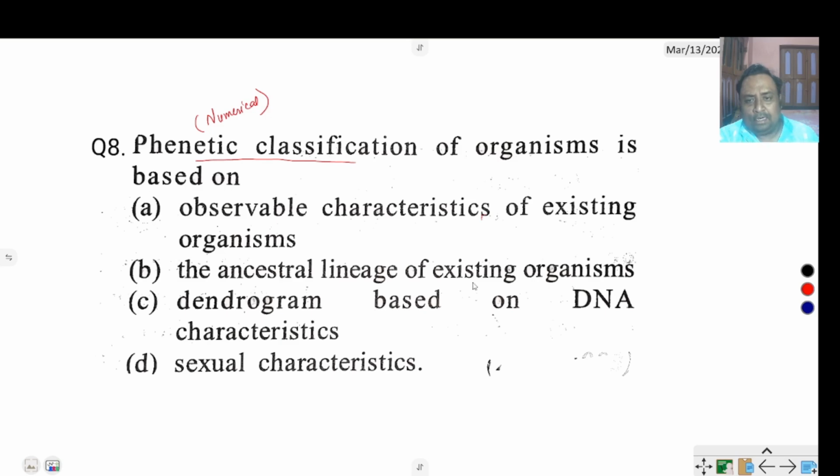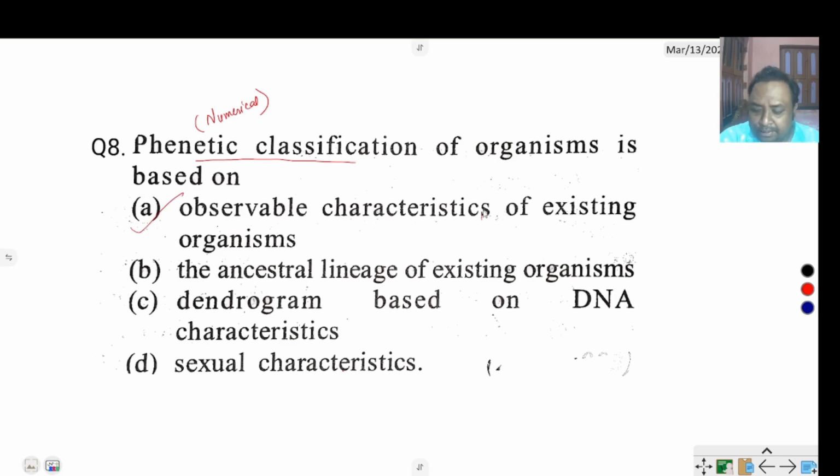The ancestral lineage of existing organism, dendrogram based on DNA characteristics. And sexual characteristics. No. Here the phenetic classification depends on the observable characters of existing organism. A is the correct option.